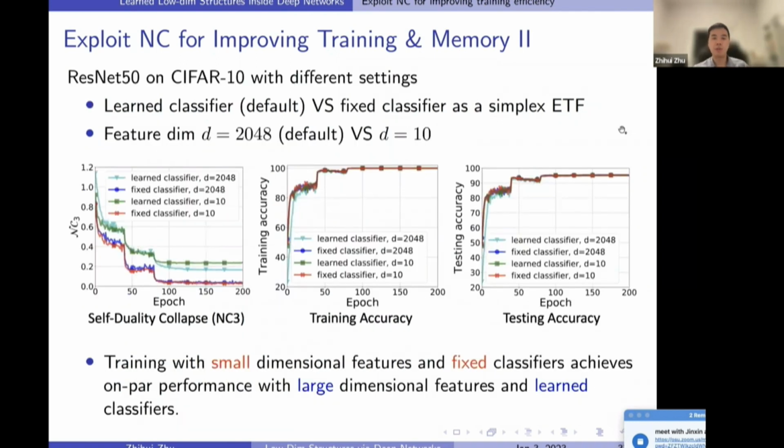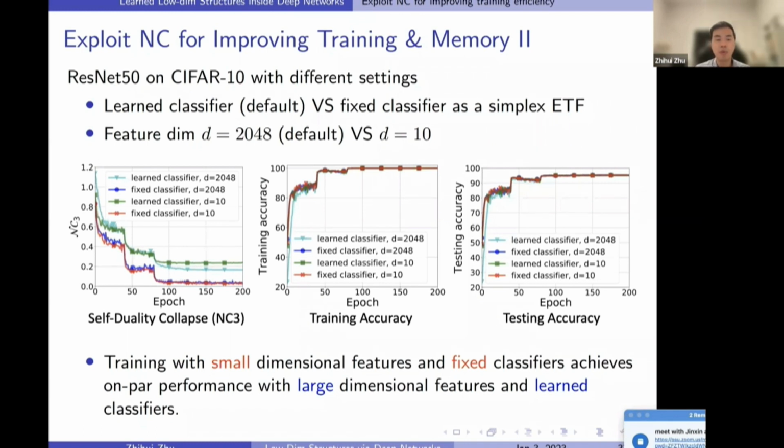So here we conduct experiments on ResNet-18 on CIFAR10 with different setups. In the plots, if we look at the left figures from top to bottom, the first case corresponds to the standard, or default, one, where we learn the classifiers together with the feature mappings, and we use the feature dimension D equal to more than 2,000.